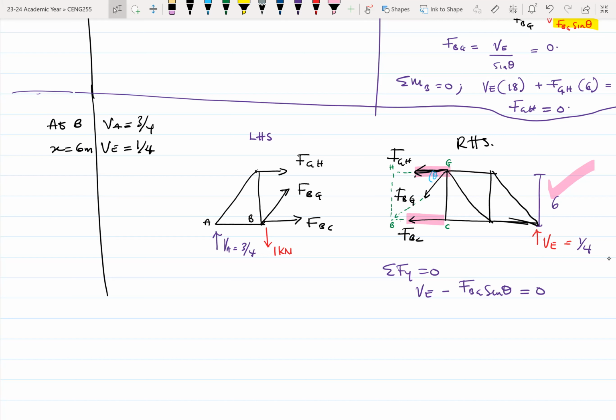So if it's at A, what will be the forces in these members? BC, BG, and then GH, which we have solved previously. Now the load has moved to B. Since it's moved to B, what again will be the forces in the members? BC, BG, and then GH.